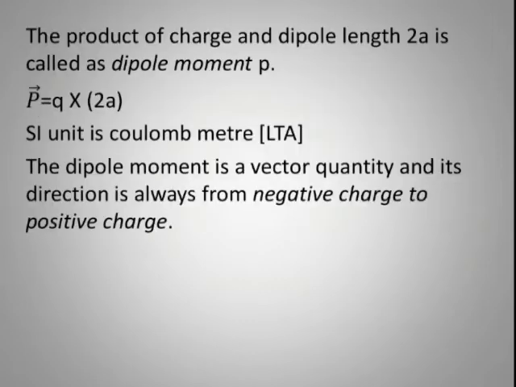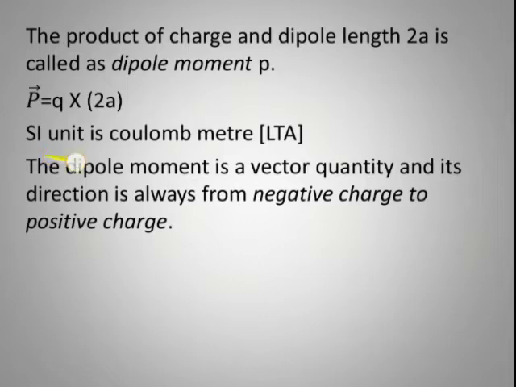Next, the expression for the dipole moment. It is denoted by a capital P with a vector symbol, and it is equal to the product of charge and distance. We can consider only one charge and the distance, and the distance is given by 2a.